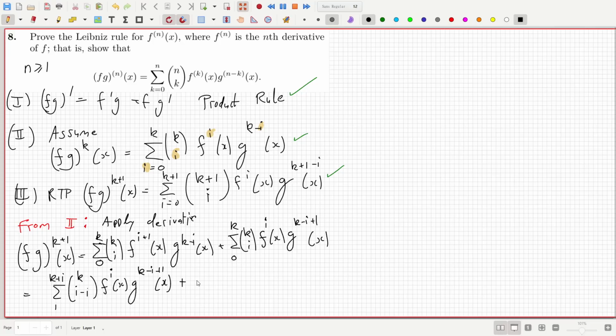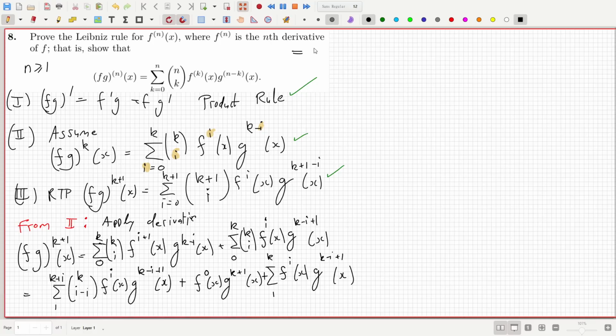Plus, and then I'll pull out the first one. So that's f 0 g k plus 1 x, sum from 1 to k, f I x, sorry, and there's a plus there, g k minus I plus 1 x, and let me think, and I'll pull the last one out here.